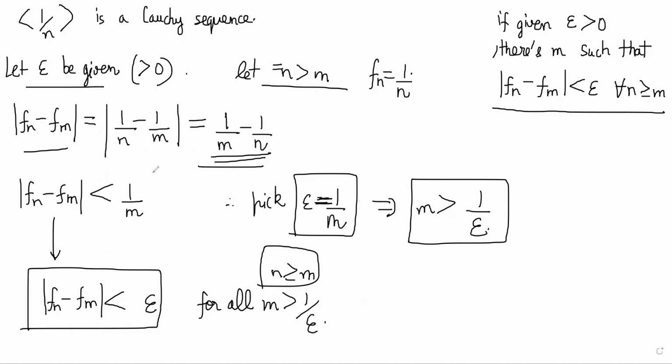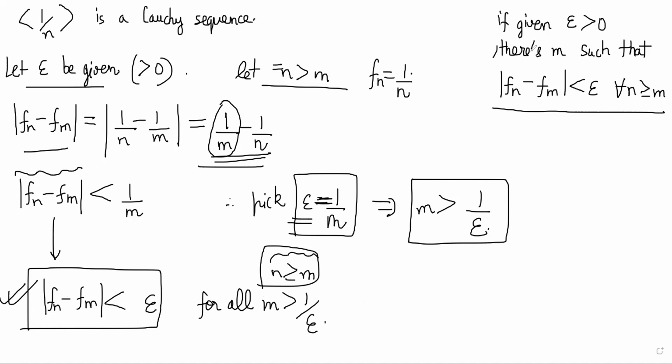This is equal to this, so this obviously is less than the first term. Yes, sir. So if you pick your epsilon as this, then for all n greater than m, you will have this true.